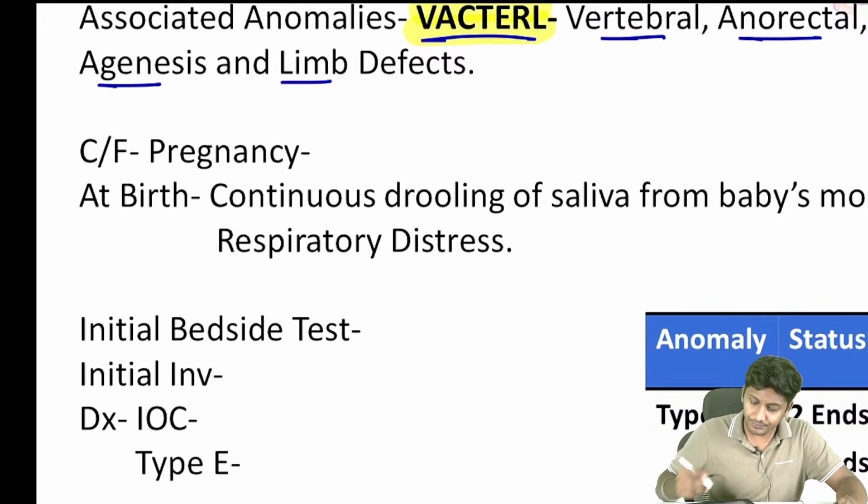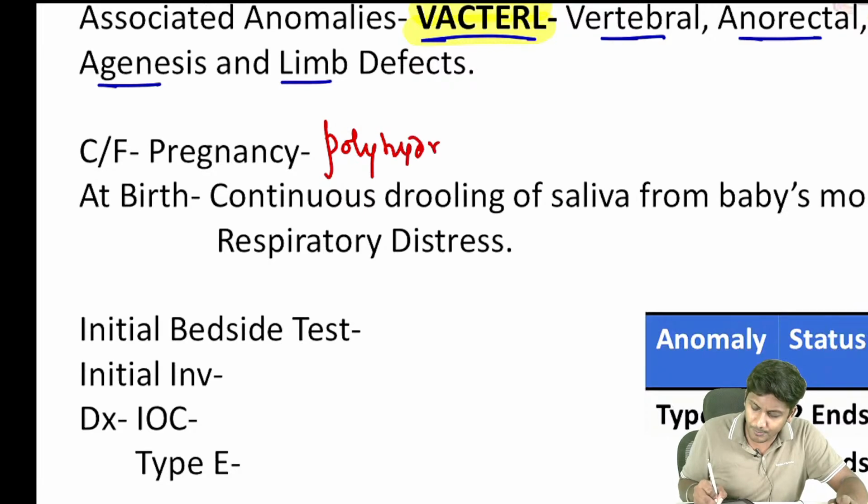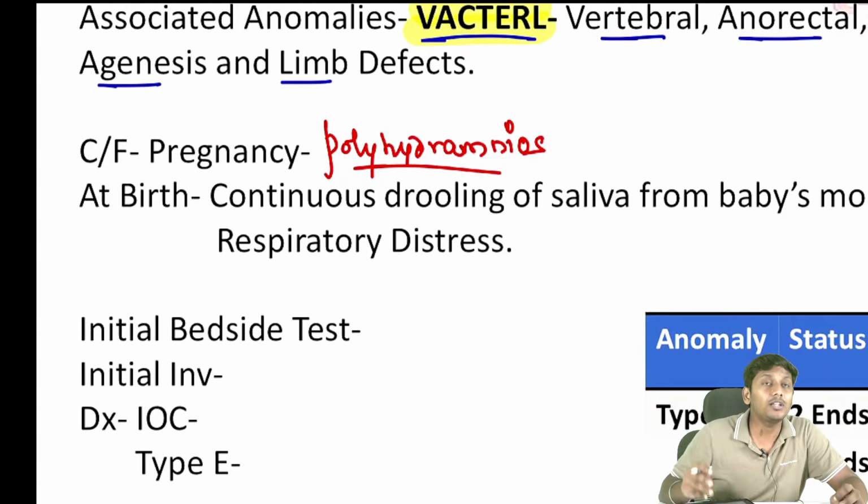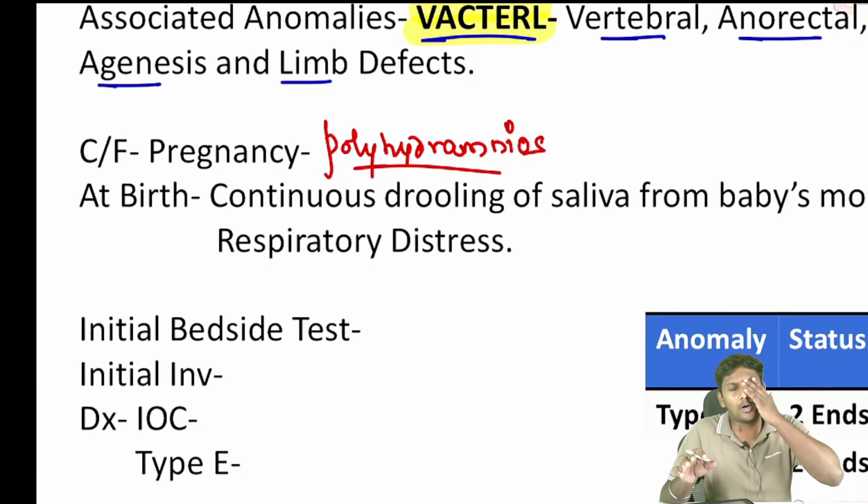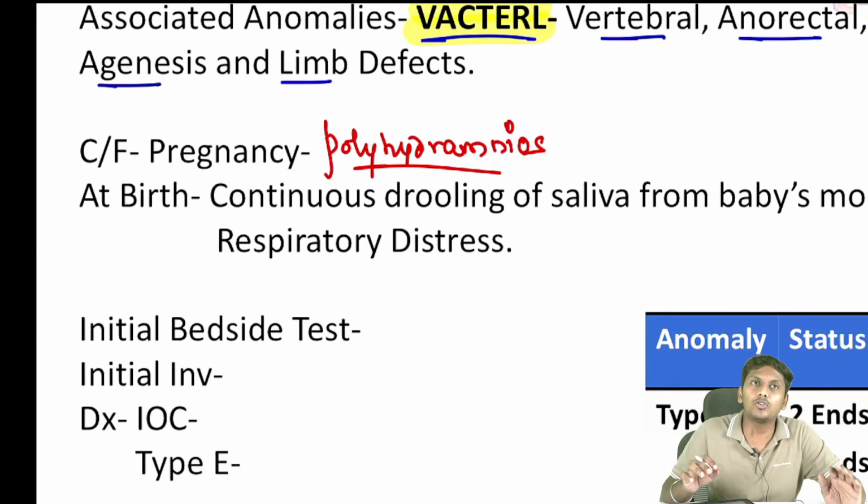Okay? So if a female during pregnancy is suffering from polyhydramnios, the most common cause of severe polyhydramnios is gastrointestinal anomalies. When you study gynecology, you will learn that the most common cause of mild to moderate polyhydramnios is idiopathic, but the most common cause of severe polyhydramnios is usually gastrointestinal anomalies like esophageal atresia or duodenal atresia.